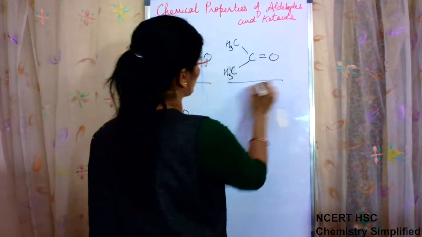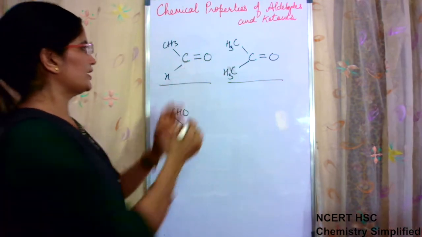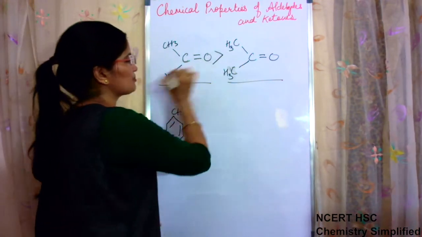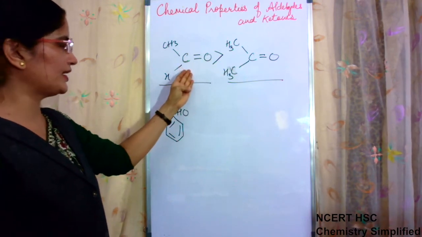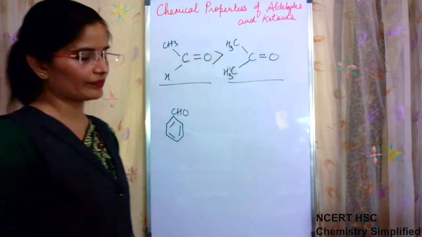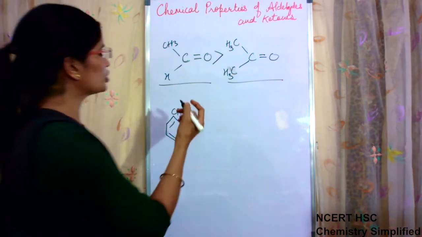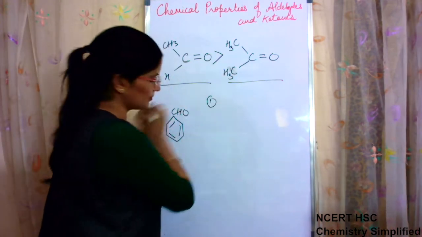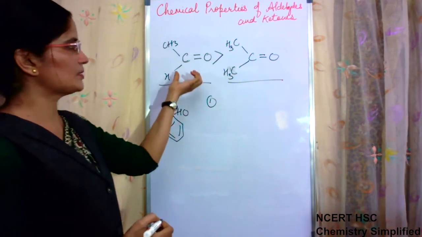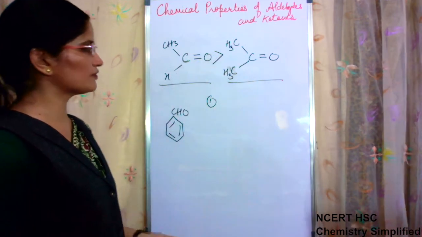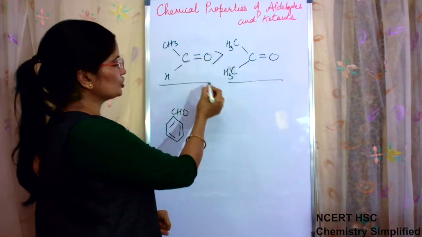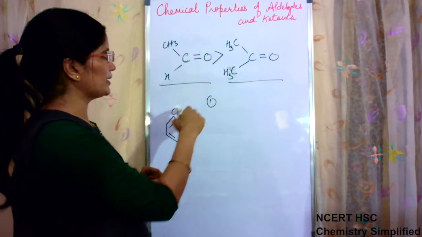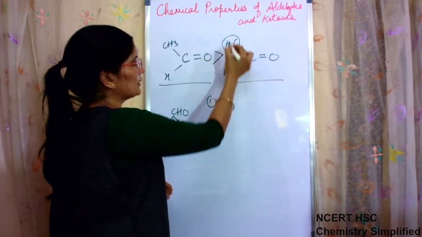Now if we see aldehyde and ketone, the reactivity for nucleophilic addition reactions is more for aldehydes than ketones. Now why is it more? There are two reasons. First reason: addition of the nucleophile has to take place, and it is difficult if the groups are bulky.